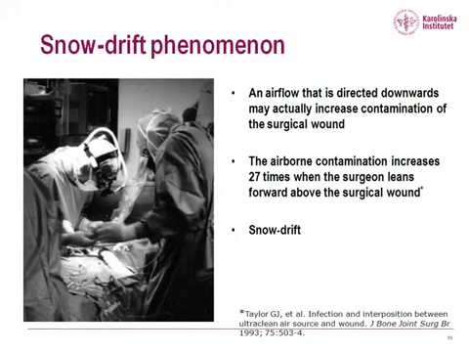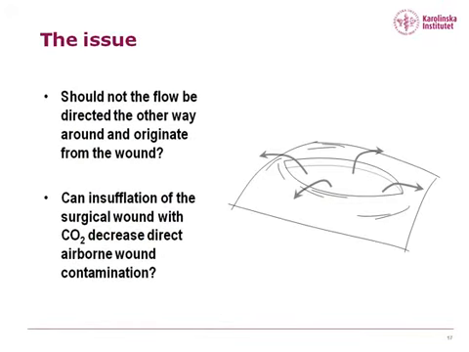You get turbulence, stagnation, and bacteria into the surgical wound. So shouldn't the flow be directed the other way around and originate from the wound? And we asked ourselves, can insufflation of the surgical wound with CO2 decrease direct airborne wound contamination?